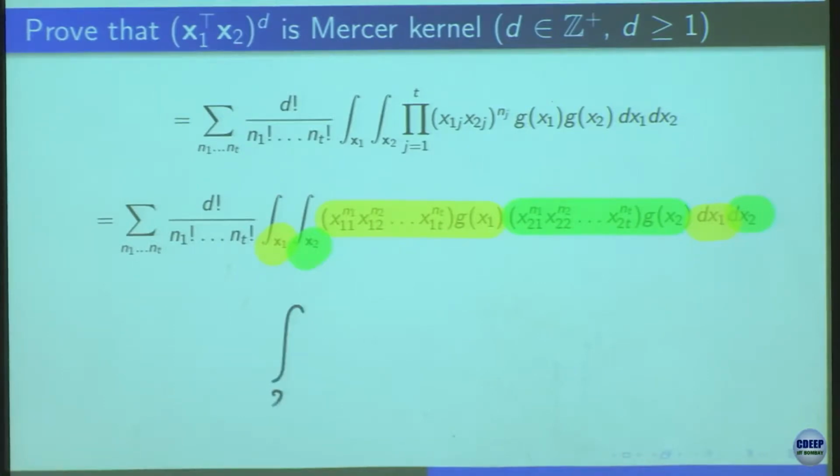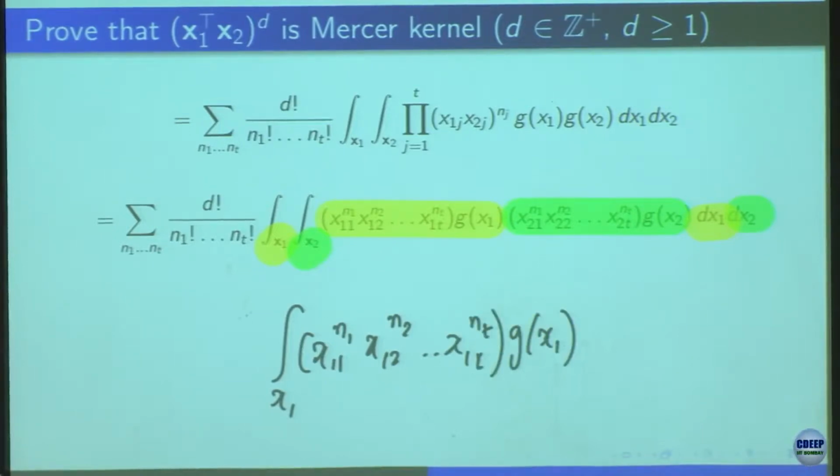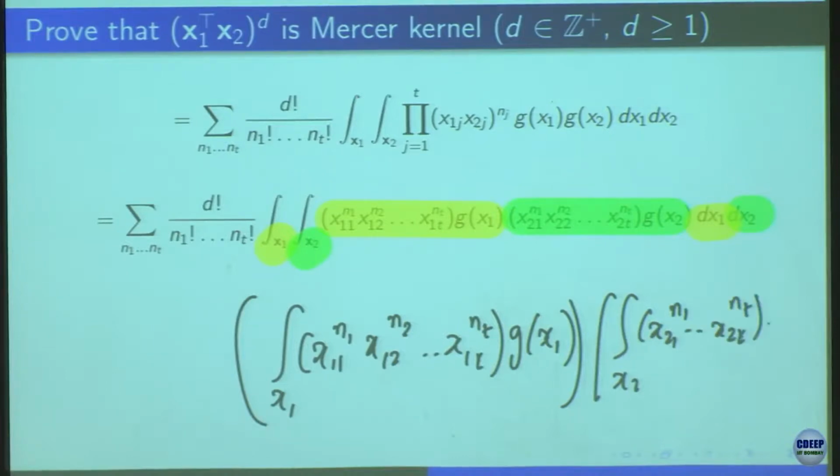So I'll have an integral over x1 of x11 to the n1, x12 to the n2, up to x1t to the nt, g of x1, times an integral over x2 of x21 to the n1, up to x2t to the nt, g of x2.